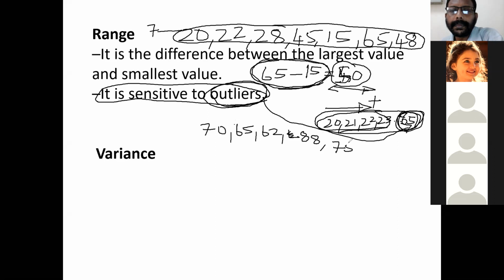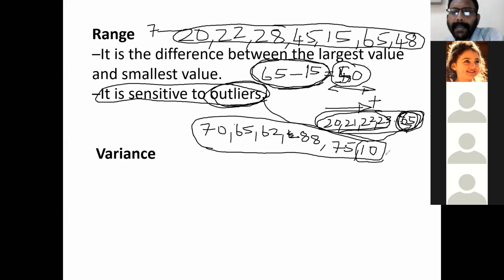Right. Now this is my data. Tell me which is the outlier. 10. So the outlier can be the lowest value or the highest value. Doesn't matter.